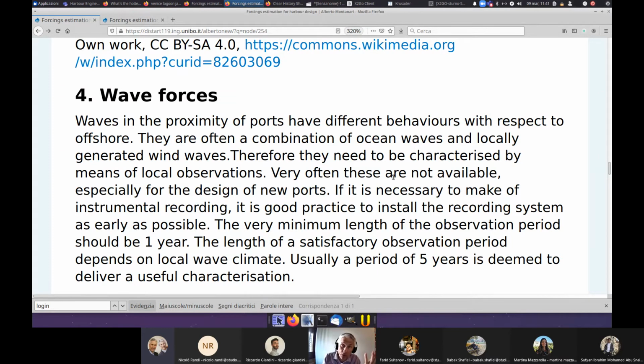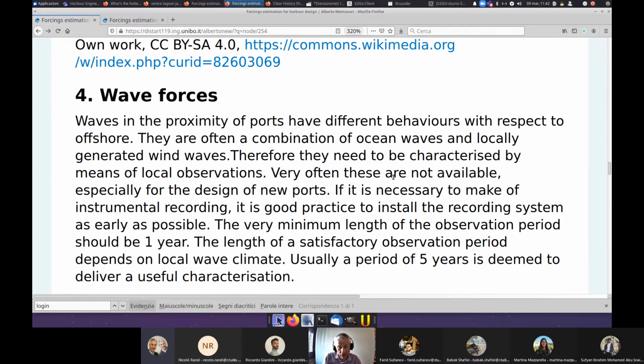And what you need to observe is wave behaviors, so the extreme wave height, the extreme wave amplitude, and the extreme wave wavelength. And you also need to know the dominant wave direction.